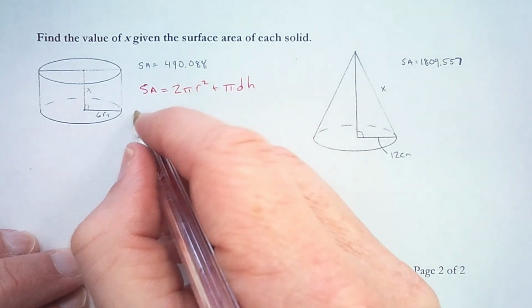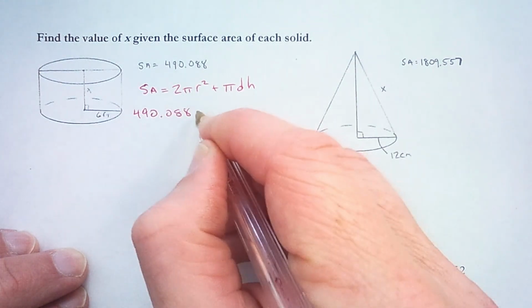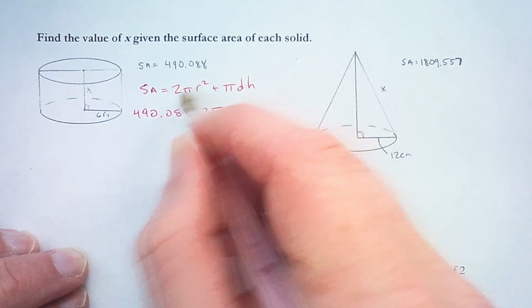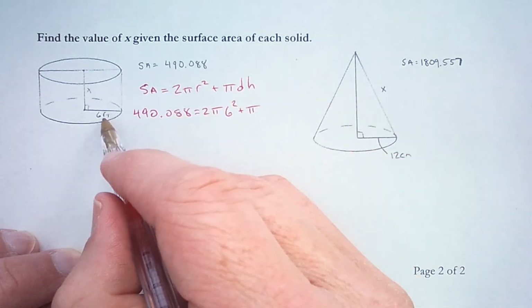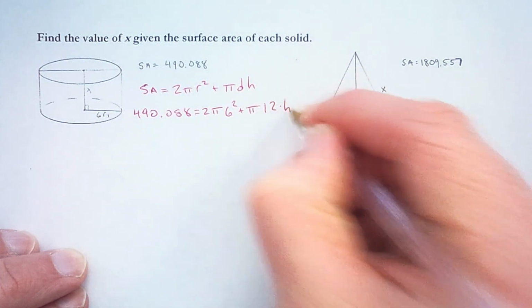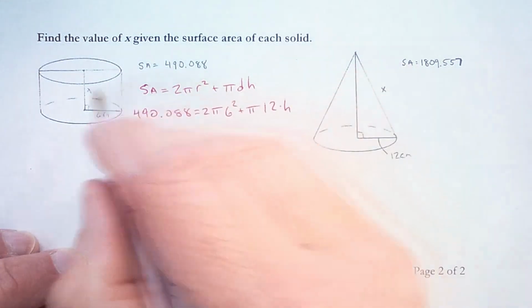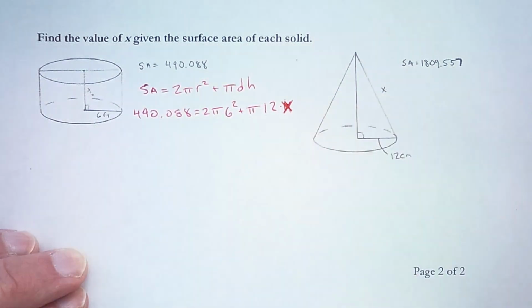Now we're given the surface area, so that's 490.088 equals 2 pi. We're given the radius, 6 squared, plus pi. Radius is 6, so the diameter is 12, times h. And h actually has a variable there of x.